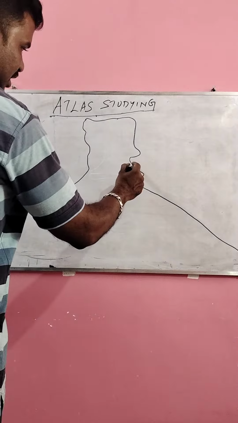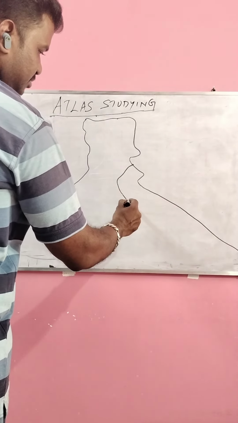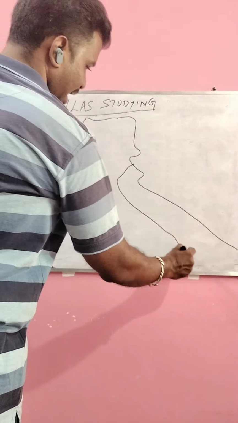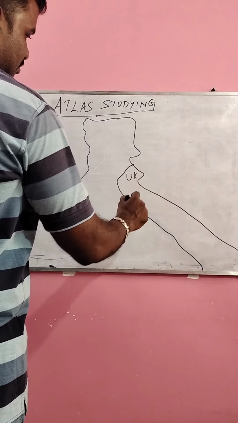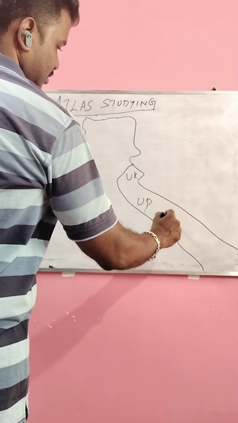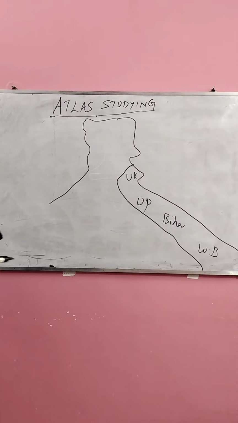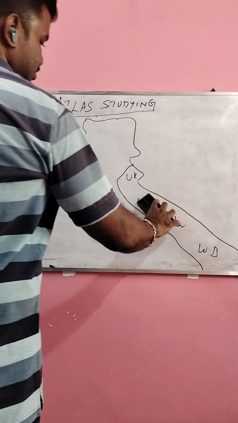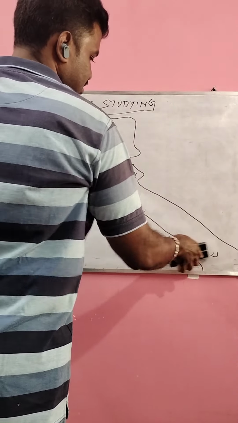Ganga river system starts from Uttarakhand, flows through Uttar Pradesh, Bihar, West Bengal, and ultimately drains in the Bay of Bengal. Anyway, let's focus on physical geography because river system comes in physical geography.